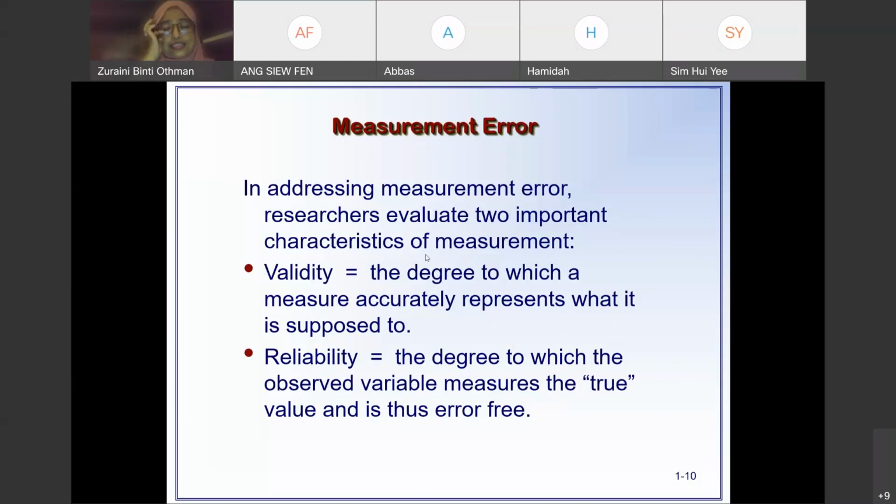It is something like if you learned physics in secondary school. I'm not sure about the syllabus now, but when I took physics in SPM, the first chapter I learned was accuracy, validity, reliability.